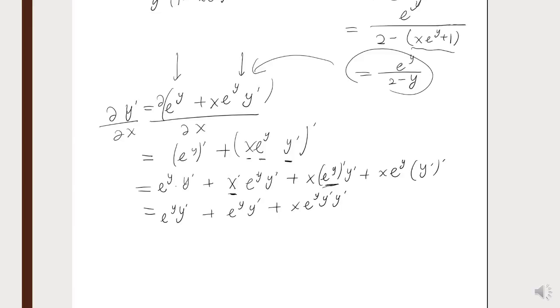So we have 2 y primes here, so we're going to put it like this. And for this one, we had e to the power of y, and then the derivative of y prime will give us the second order derivative of y. So we're going to write y prime prime.